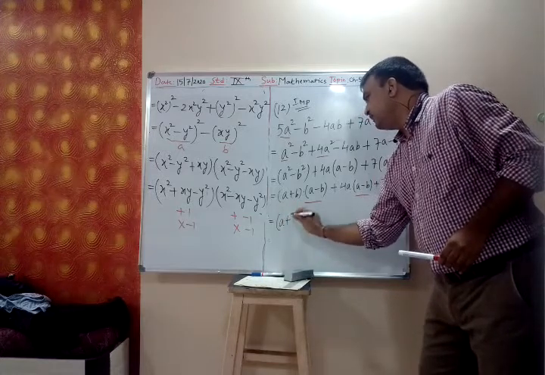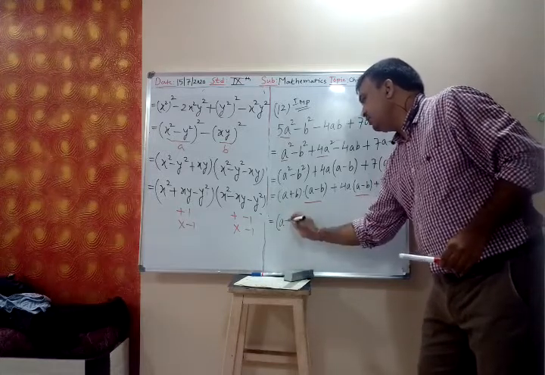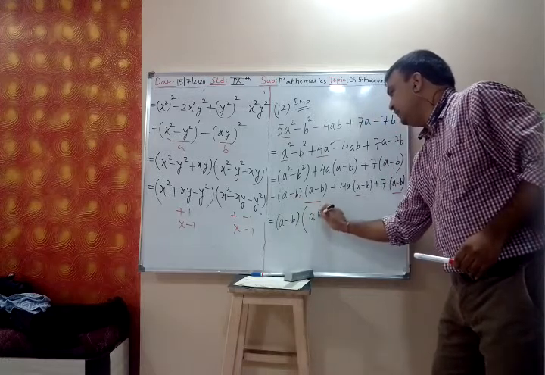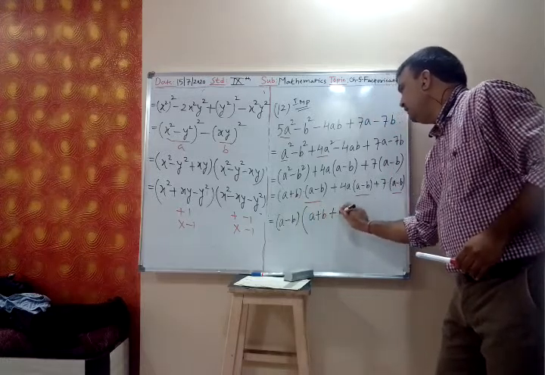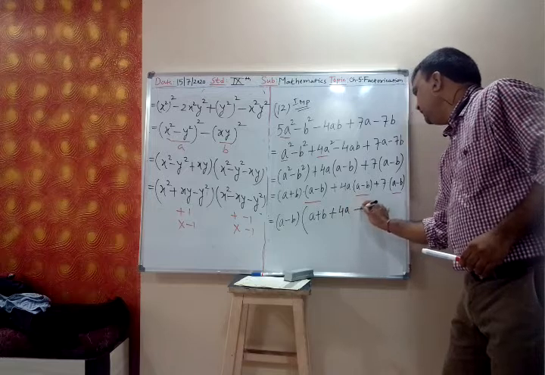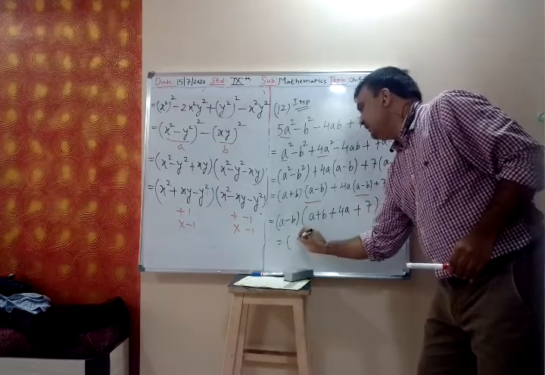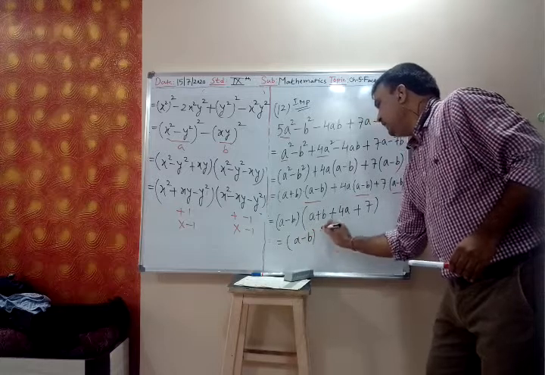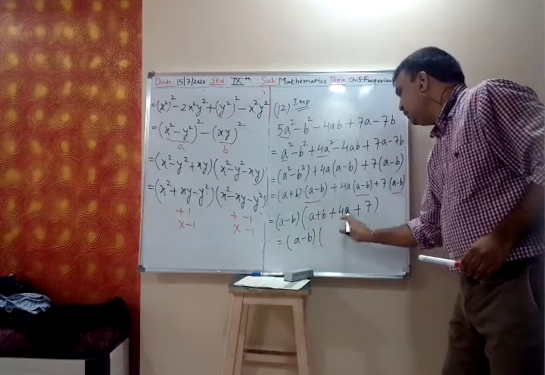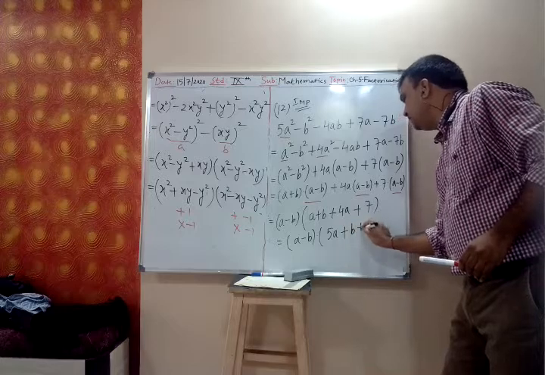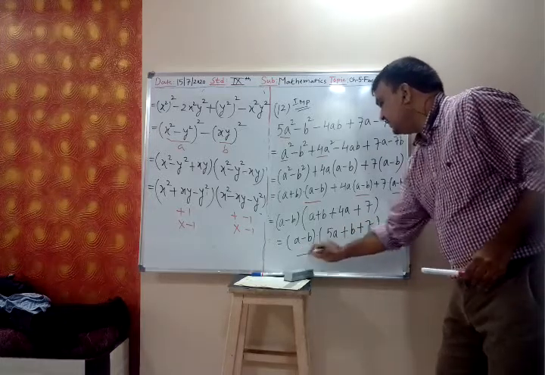Then what is left is a plus b plus 4a plus 7. Now we simplify this. We can add the like terms together: a and 4a is 5a. So it is a minus b into 5a plus b plus 7, and this is the answer.